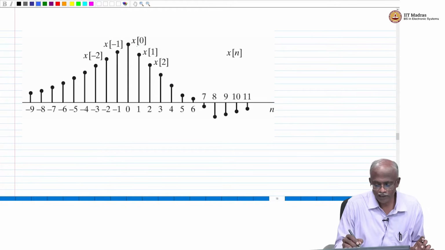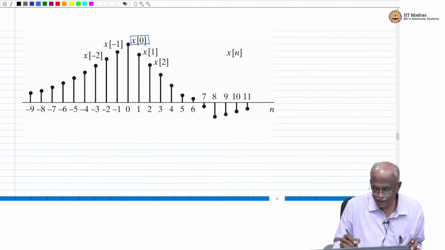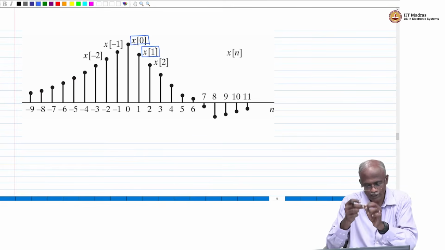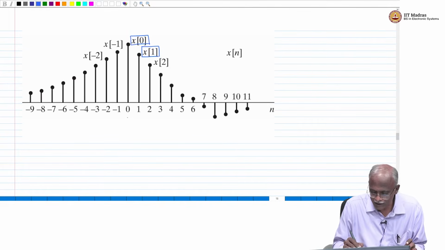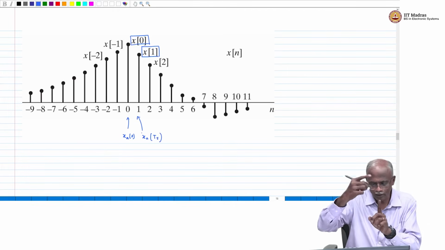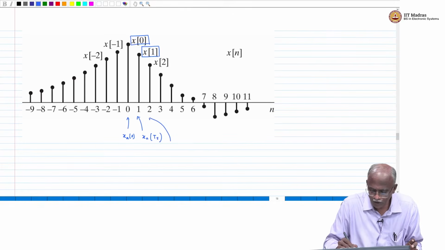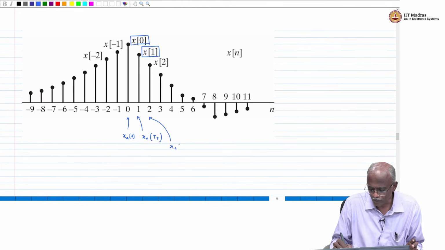So, for example, this is the value of the function x at time n equal to 0. This is at the time n equal to 1 Ts, but I represent it as x of 1. So, this is sampling xa at 0, this is sampling xa at Ts, I call it x of 1, then this is xa of 2 Ts and so on.